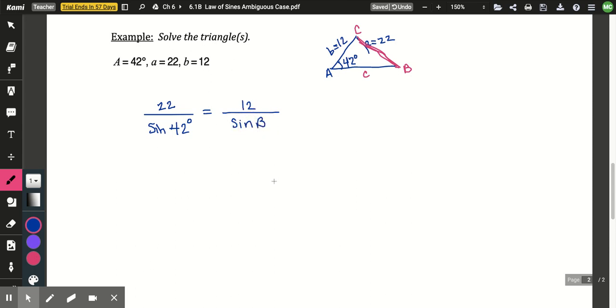Now I have to solve this for an angle this time. It's actually kind of difficult to solve when it's like this, so I'm going to do a little maneuver that makes things a whole lot easier. I'm just going to flip both of the fractions. So this is sine of 42 degrees over 22 is equal to sine of B over 12.